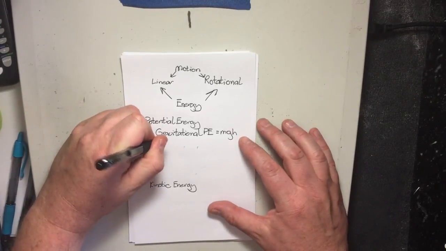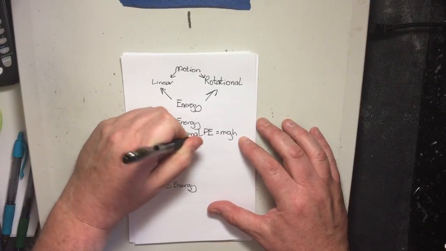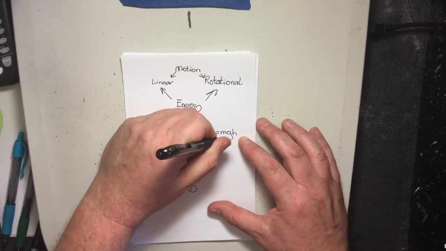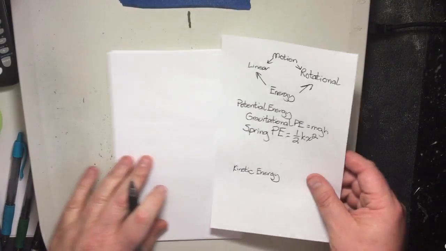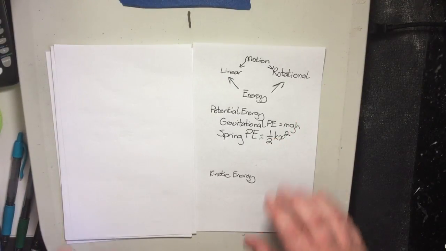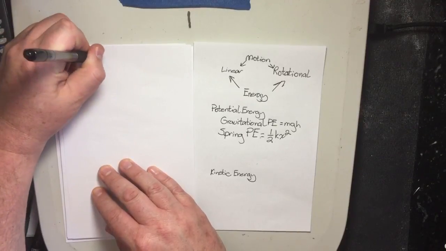There is spring potential energy, which is 1/2 kx squared. Now, spring potential energy comes from springs.